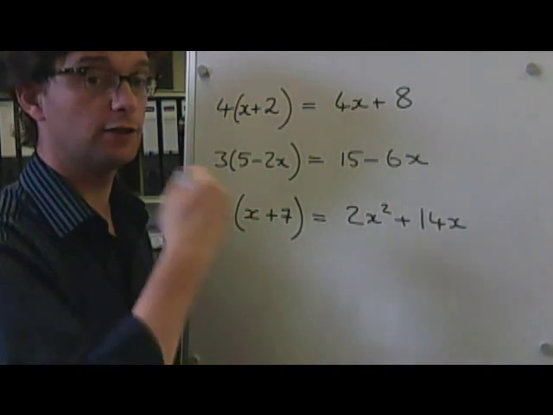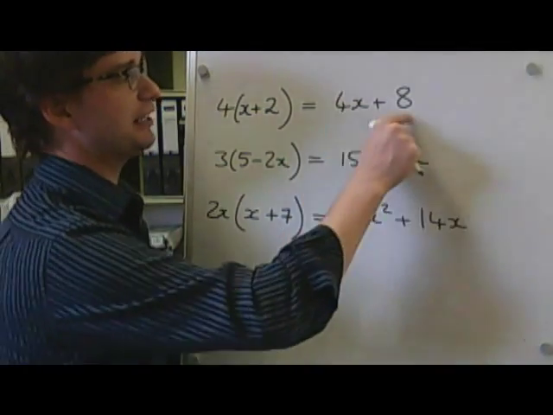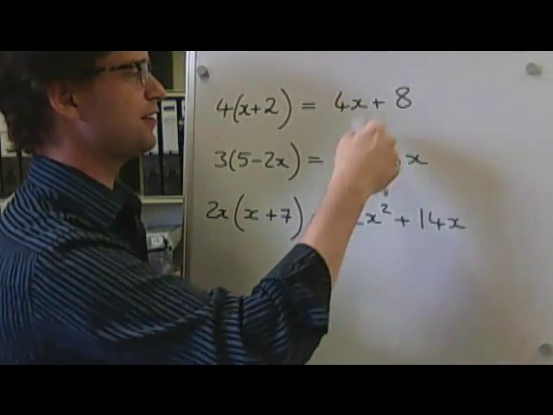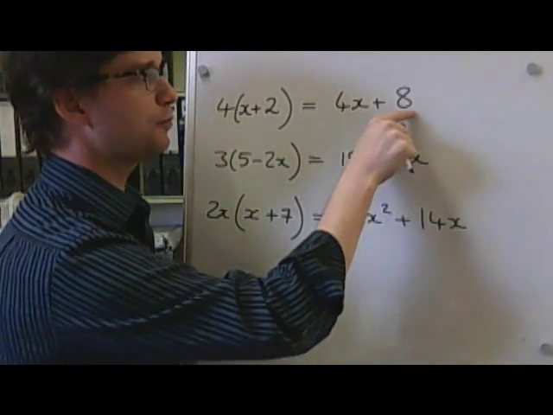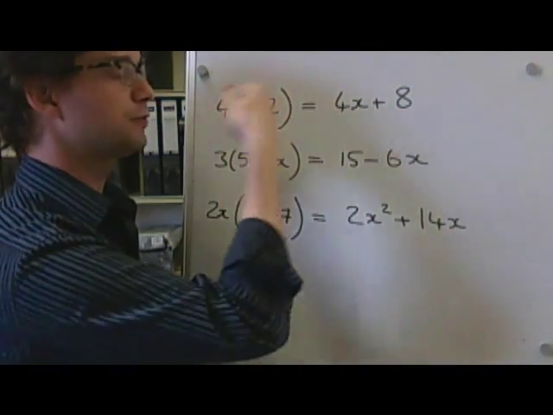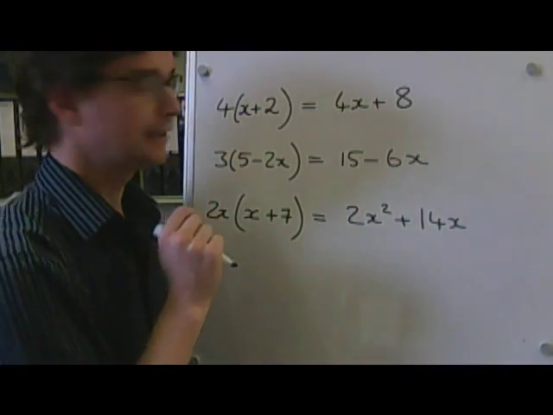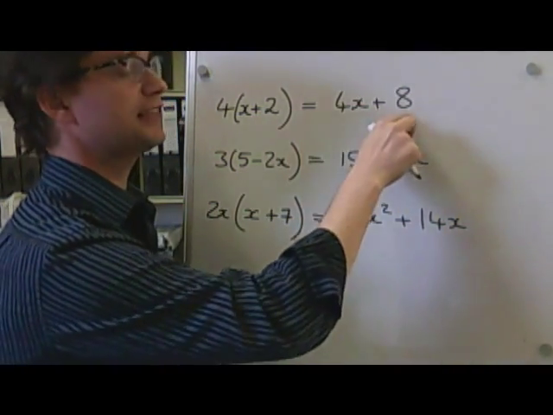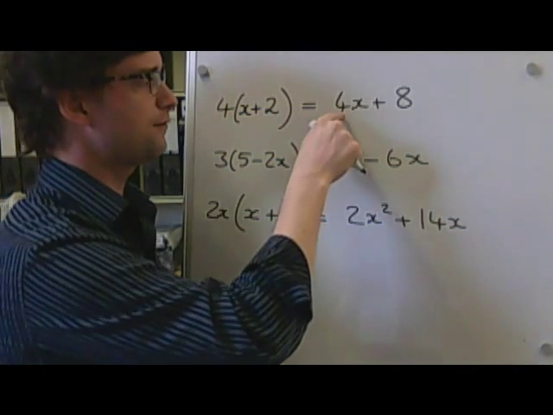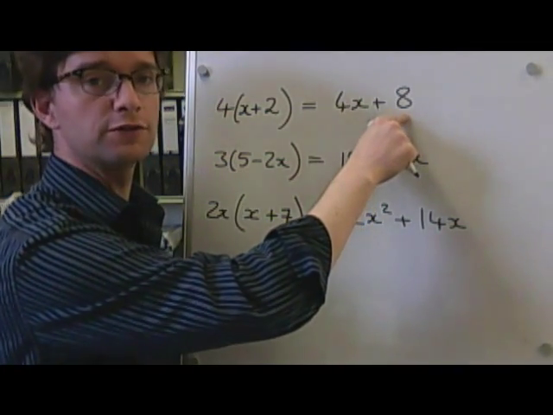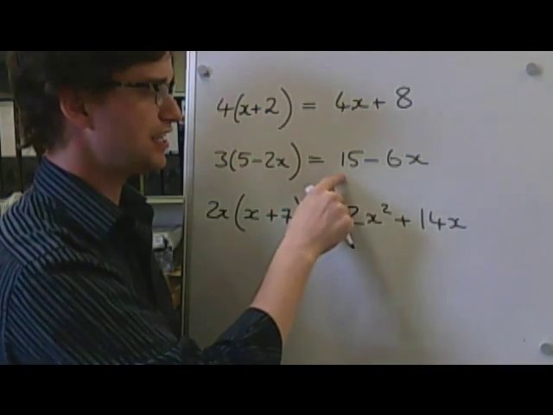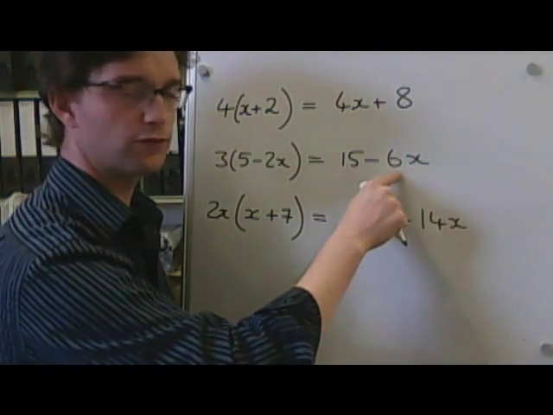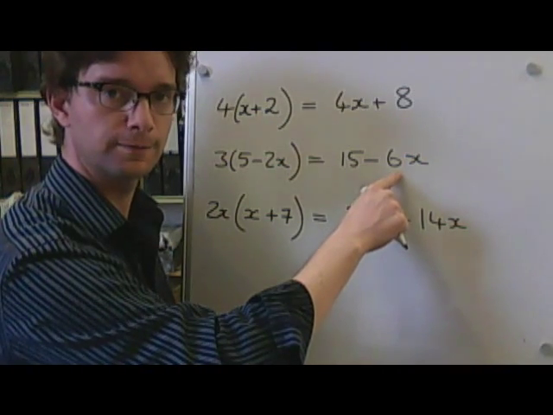Factorising is going the other way. It's looking at this and saying, can I find something that I can pull out, something that goes into both bits of these to pull out of the front? Looking at 4x plus 8, you can see that 4 goes into this and 4 goes into this. Looking at 15 minus 6x, you can see that 3 goes into this and 3 goes into this.